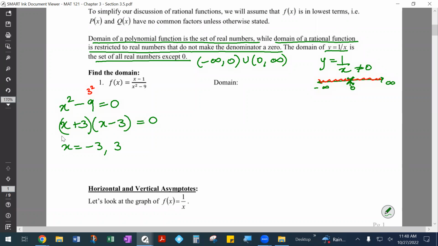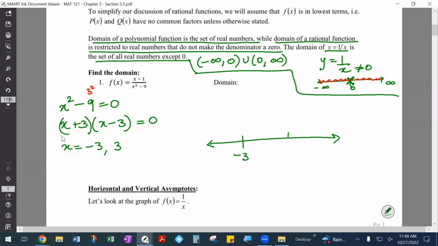Same thing with +3: 3 times 3 also becomes 9, and 9 minus 9 gives us 0, right? So that makes our denominator 0. This is telling us that when we're doing our domain, we cannot use -3, we cannot use +3.